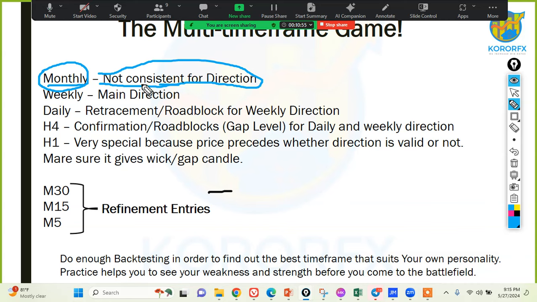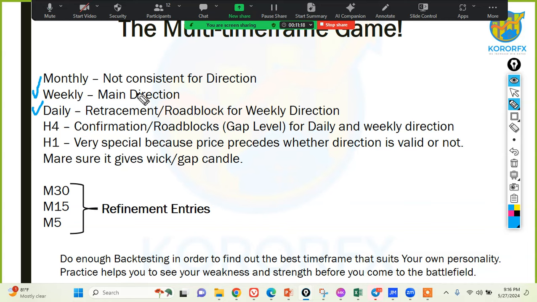and we cannot really trust it. So I always use two storylines. One is the weekly, and one is the daily. These two storylines I use the most. The weekly storyline I always use for swing trades, and the daily for intradays.